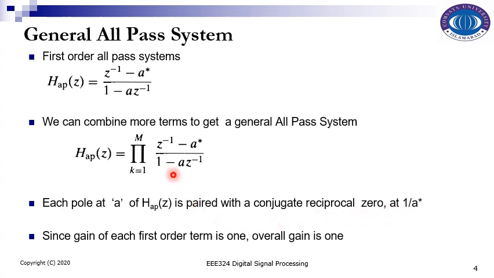And even though we are combining m of these terms, each first order term has a gain of 1. So the overall gain will still be 1, because when we combine LTI systems in cascade, the gains in their system functions H of z are multiplied. So the overall gain is still 1. And we'll look at some examples of all pass systems of different orders.